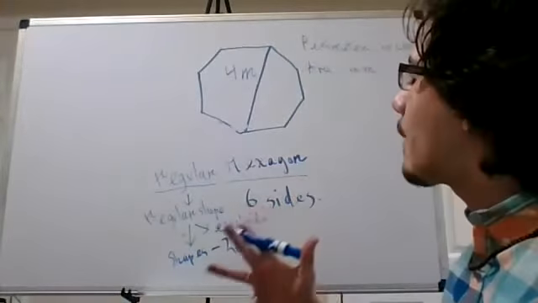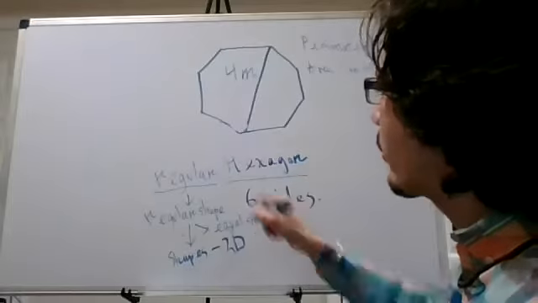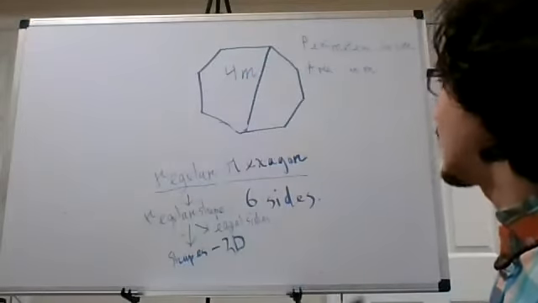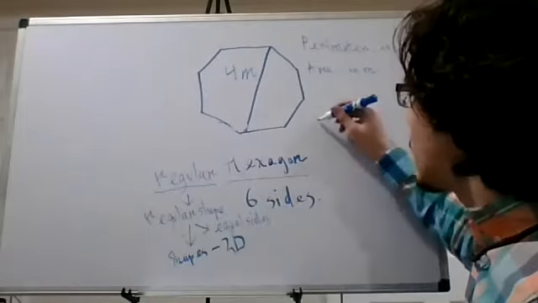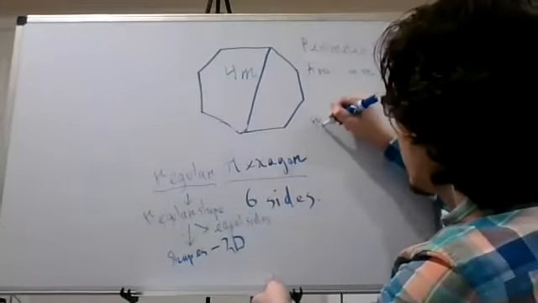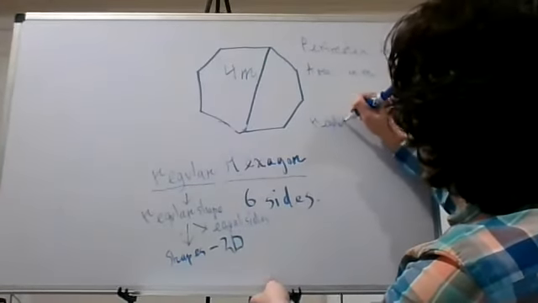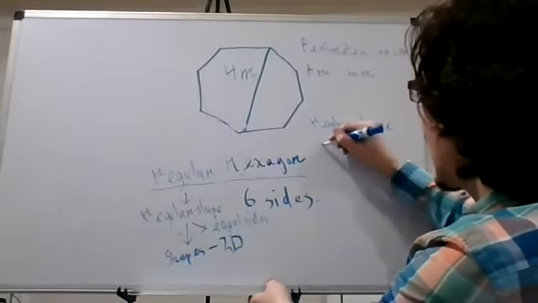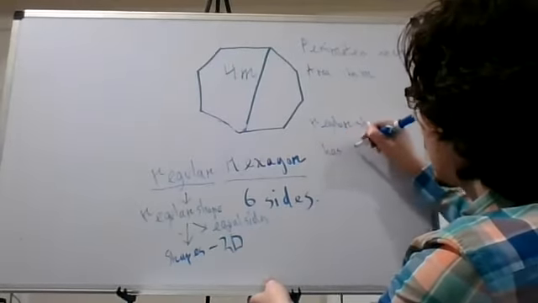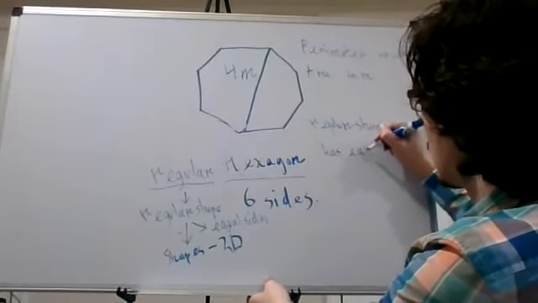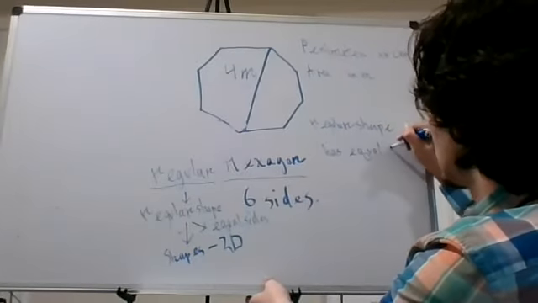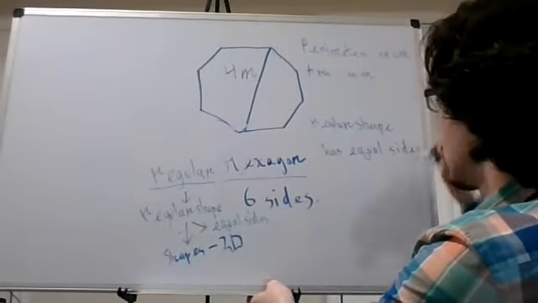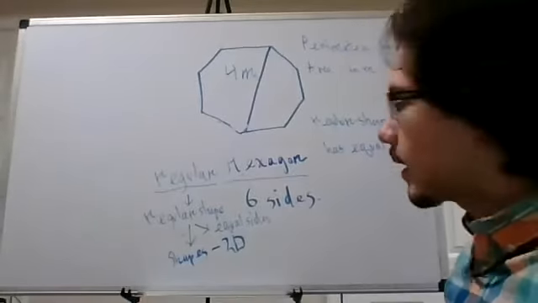I might have accidentally not written a definition on the board, but I'd like you guys to just remember that a regular shape has equal sides. Okay.